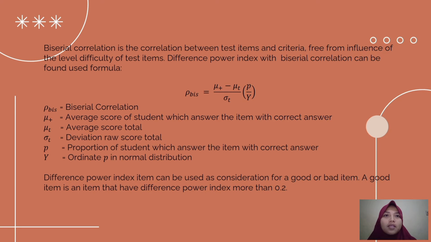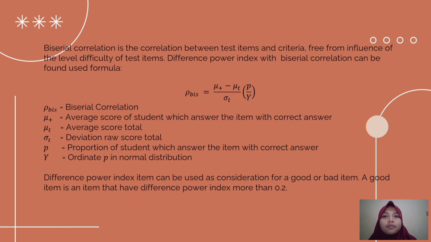The difference power index with biserial correlation can be found using the formula rho b is equal to mu plus minus mu t over sigma t times p over y, where rho b is the biserial correlation, mu plus is the average score of students who answered the item correctly, mu t is the average total score, sigma t is the standard deviation of the total score, p is the proportion of students who answered the item correctly, and y is the ordinate of p in the normal distribution.